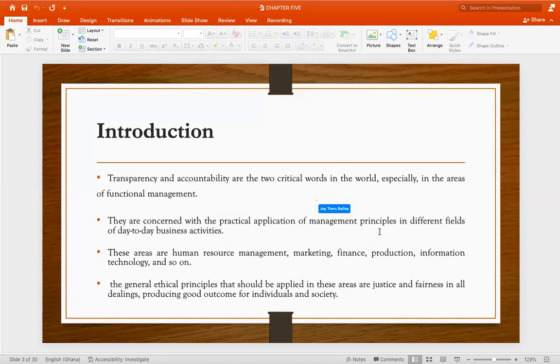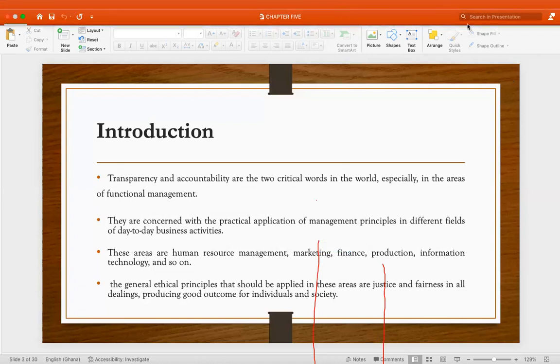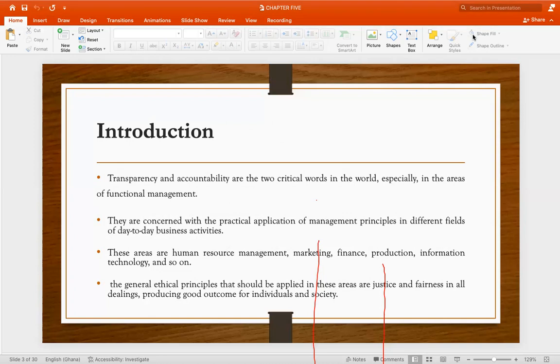Let's look at transparency and accountability as two critical words in the world of ethics, because they are concerned with the practical application of management principles in different fields of activities.